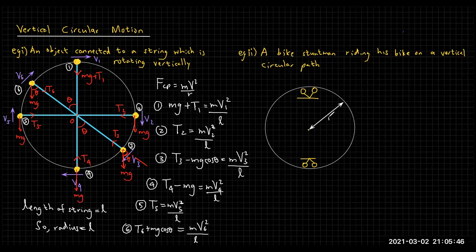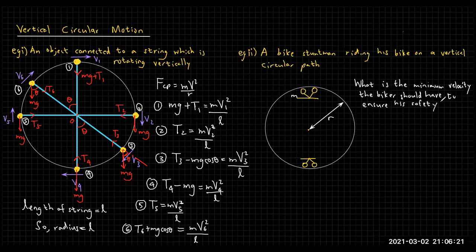So this was a question. The mass of the bike, let's take it as simply m. What is the minimum velocity the biker should have to ensure his safety?